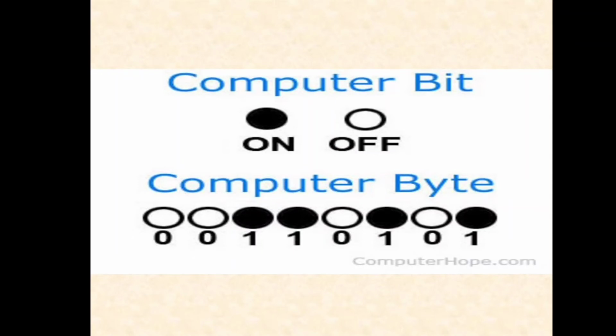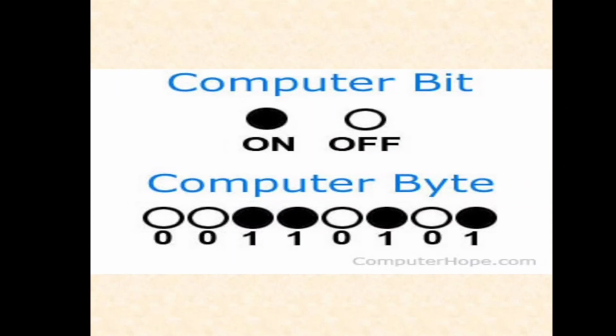Now you may say, ma'am, why are you telling us like this, 0, 1? See children, the characters, the alphabets, everything you are typing on the keyboard, the computer does not understand that. The computer understands machine language, or we can say it understands 0 or 1 language, also called binary code, which means the computer understands only 0 or 1, and it is called bit.